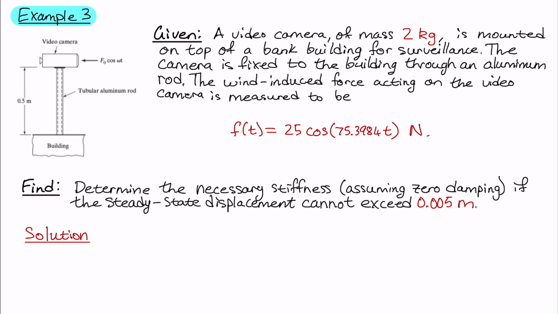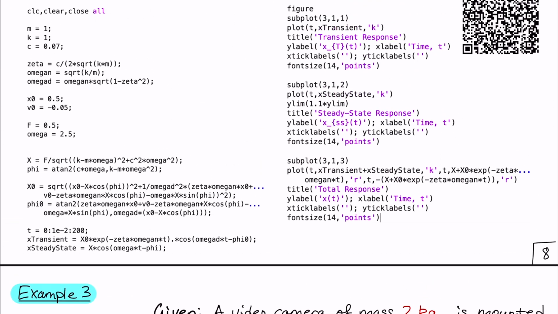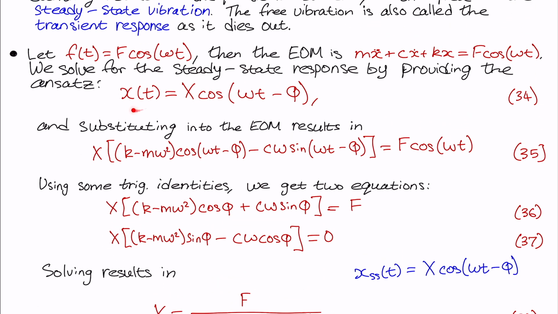The key thing we were told is that the steady state displacement cannot exceed 5 millimeters. The amplitude of the steady state displacement is this big X. If we come back up, our steady state solution is given by equation 34, big X times cosine of omega t minus phi.